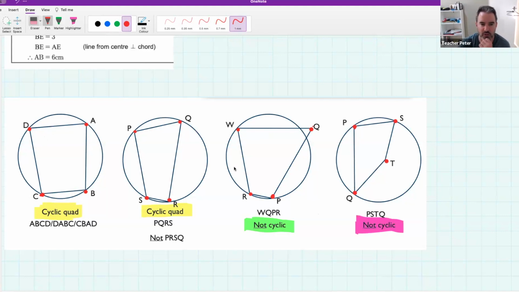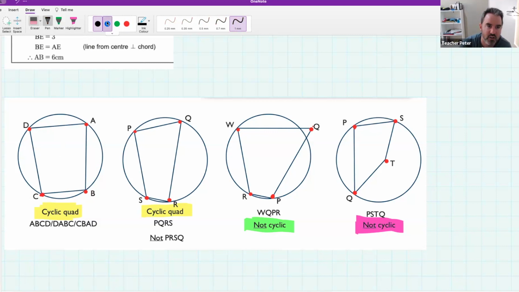The red dots are vertices. What do you notice about the yellow ones? Oh, I thought I saw Cullen's hand there. Was your hand up there, Cullen? So what you see is that a cyclic quad has its vertices on the circumference of a circle.